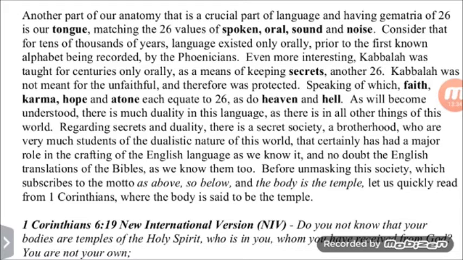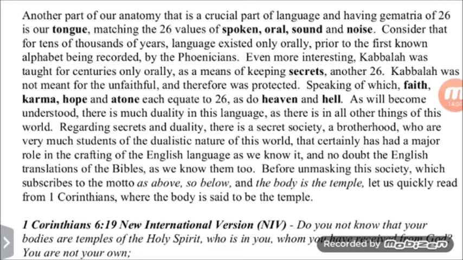As will become understood, there is much duality in this language, as there is in all other things of this world. Regarding secrets and duality, there is a secret society, a brotherhood, who are very much students of the dualistic nature of this world, that certainly has had a major role in the crafting of the English language as we know it, and no doubt the English translations of the Bibles as we know them too.